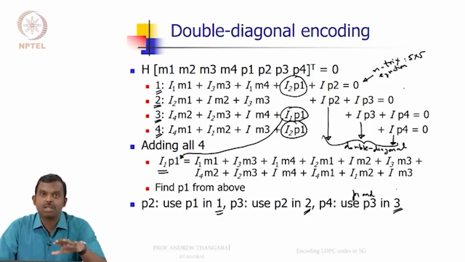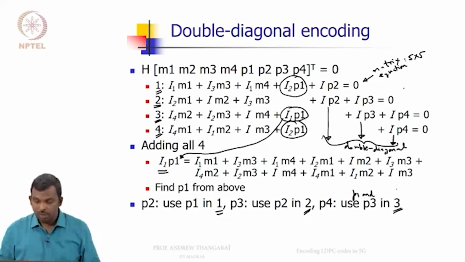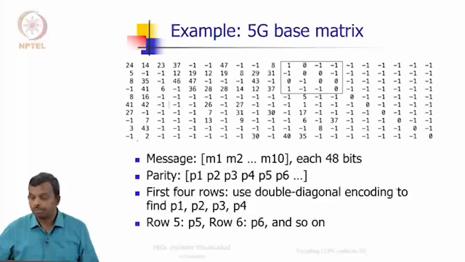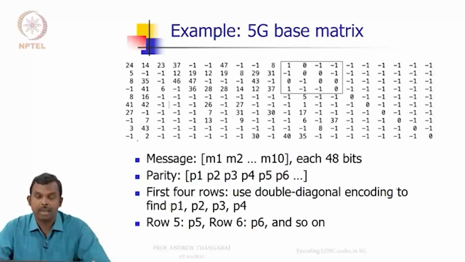Now this same structure exists in the 5G standards LDPC codes as well. It's just a simple case of picking up the structure and using the same thing in your encoding. You find P1, P2, P3, P4. This is again the same 5G matrix illustration, part of the 5G matrix, 42 by 52.